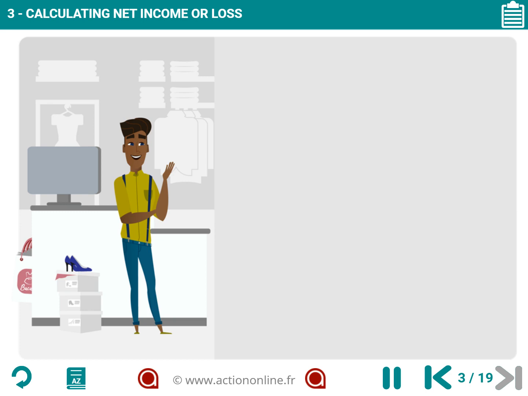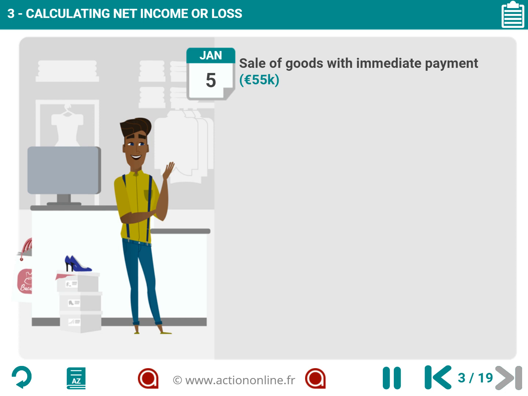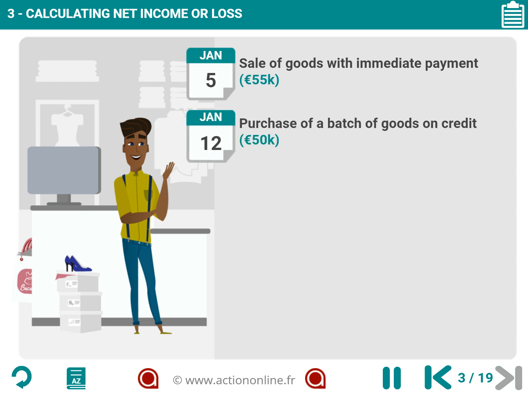Let's go through the company's activities during its first month of trading. On the 5th of January, it sells goods for €55,000, receiving this amount immediately by cheque. On the 12th of January, it buys another batch of goods on credit for €50,000.